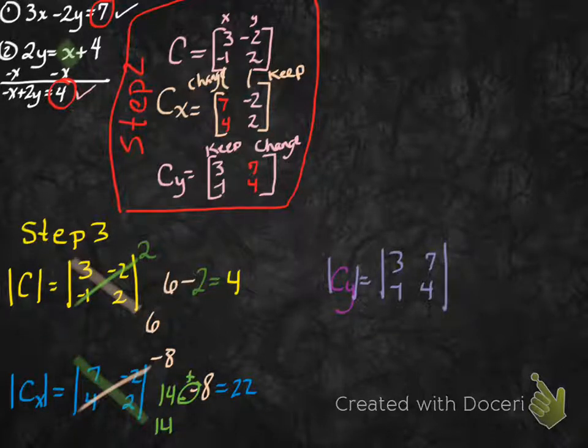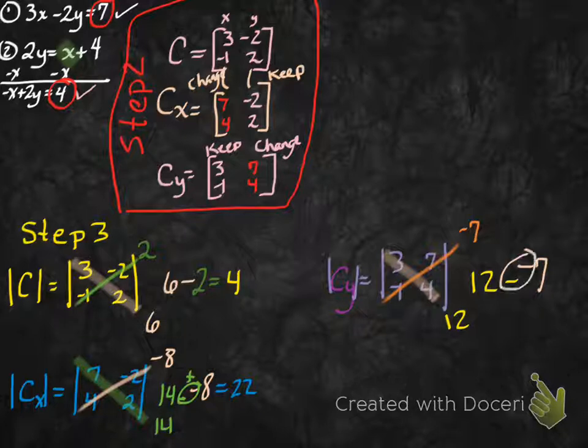And so my downs are +12, and my up is -7. So 12 minus a -7, those change to plus, gives me 19.